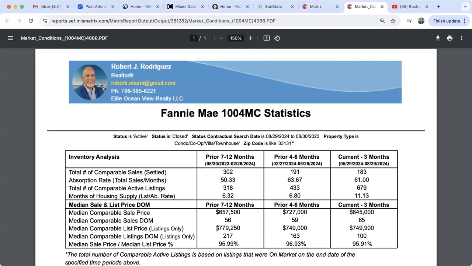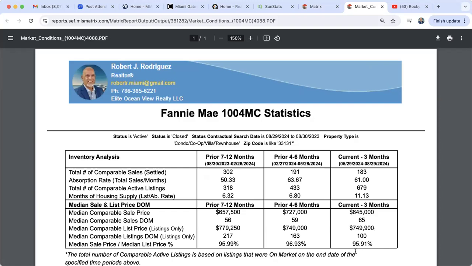Look at the list prices, guys. 779, 749, 749. So the list prices are not increasing, just like we saw in the single family home when they were increasing, not in this condo market in Brickell. The condo prices for active listings are actually decreasing.